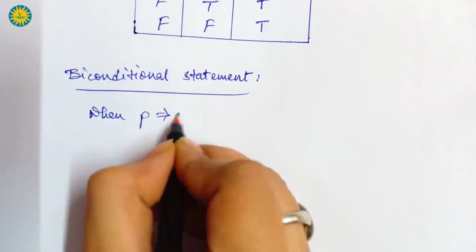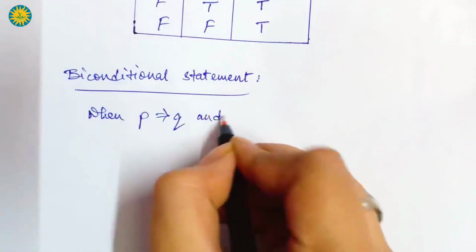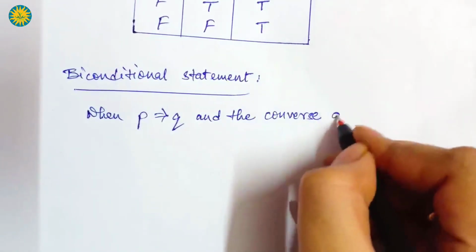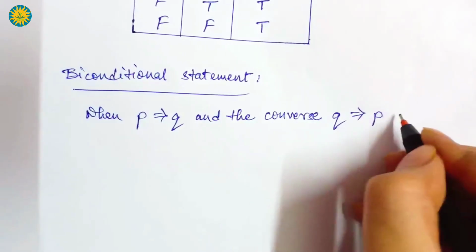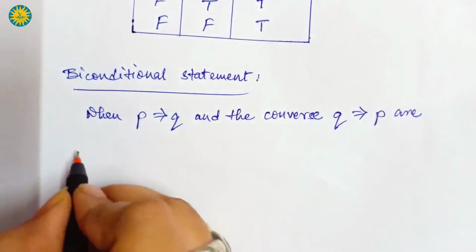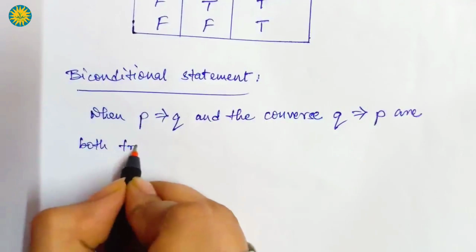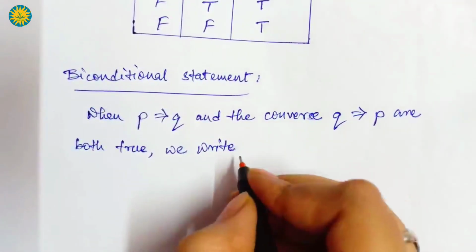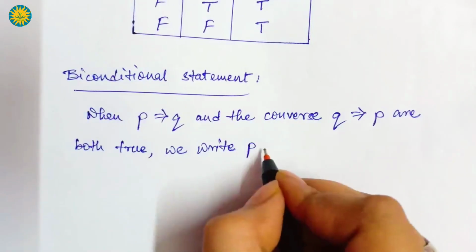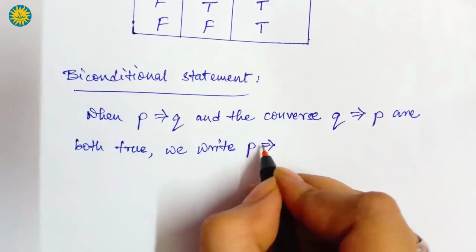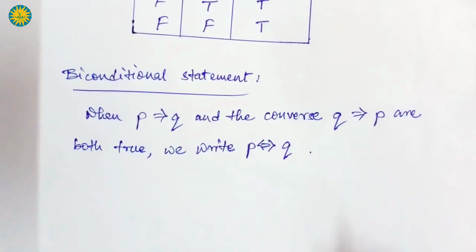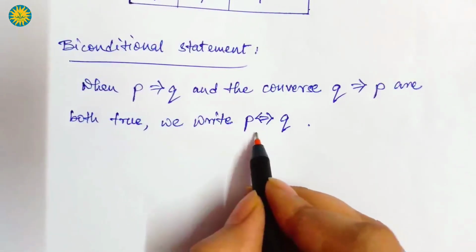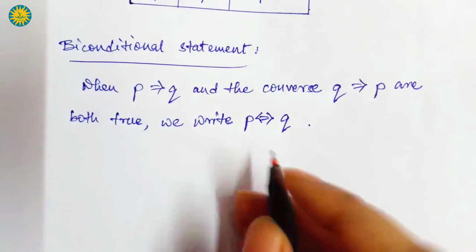When P implies Q and the converse, which is Q implies P, are both true, we may write P implies and implied by Q. So this symbol is read as implies and implied by.